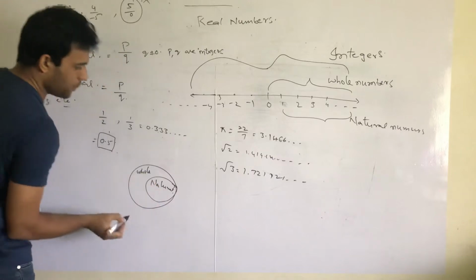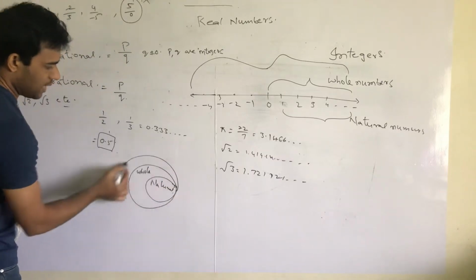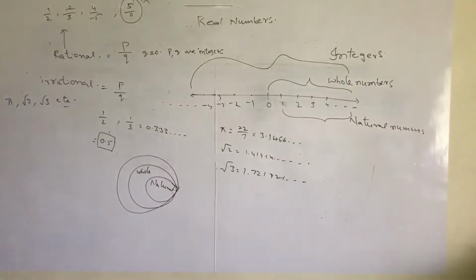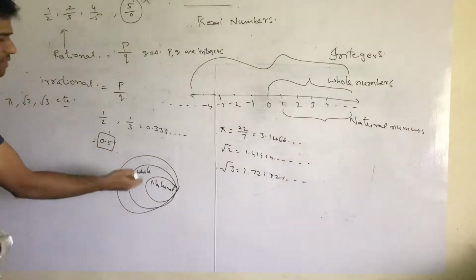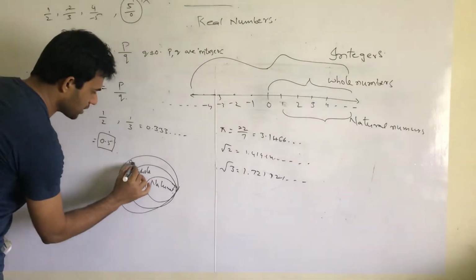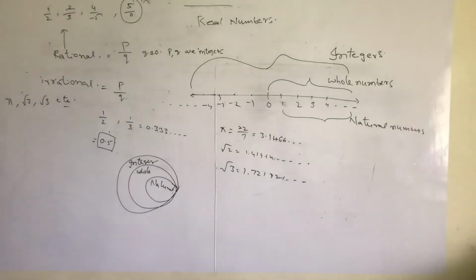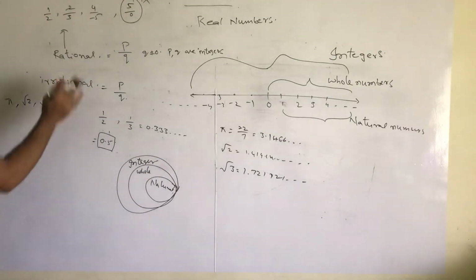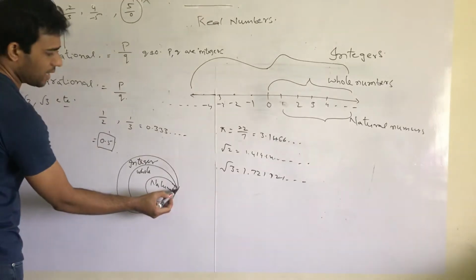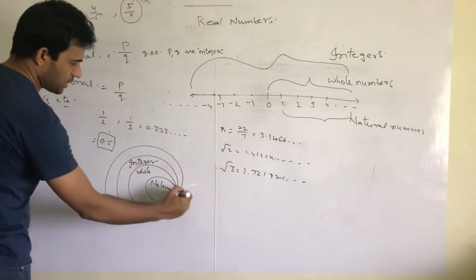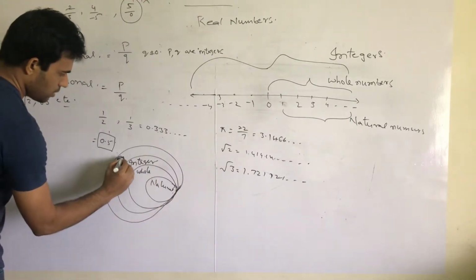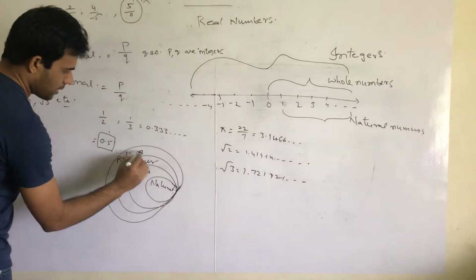So this is the whole number set, and then integer is a superset of both natural and whole. So this is the integer set, let's say. Then what is a rational number? So rational number is again a superset of this. So that's a rational number.